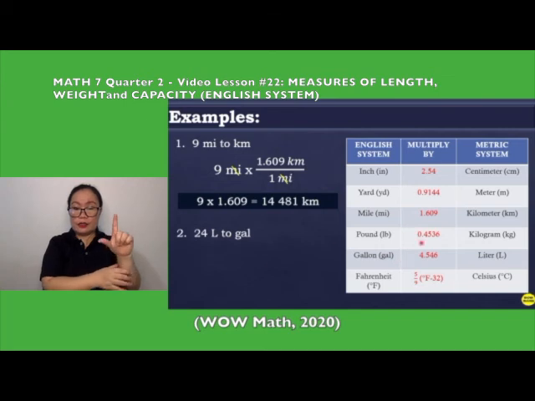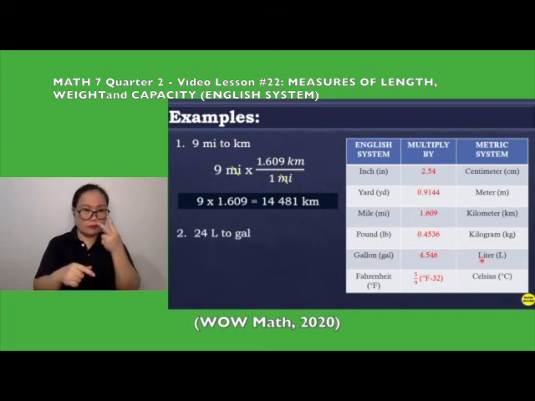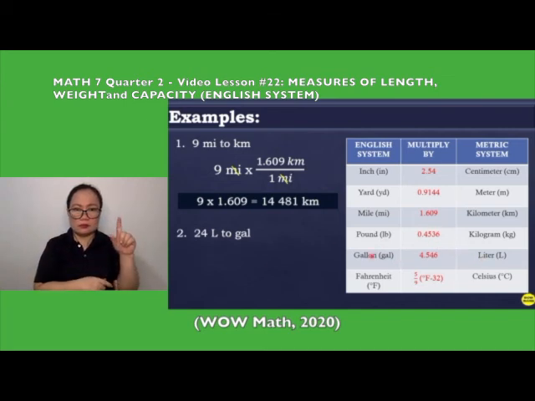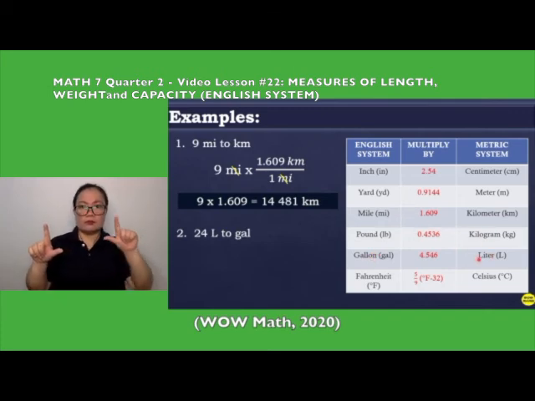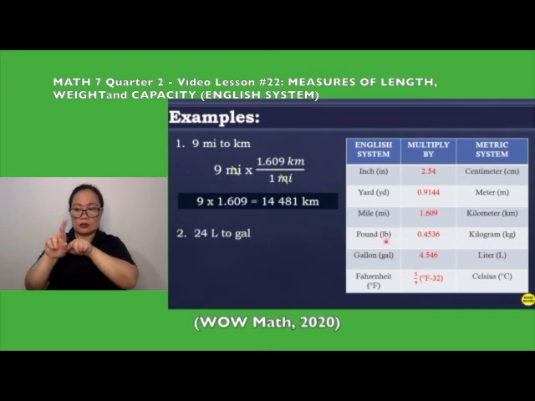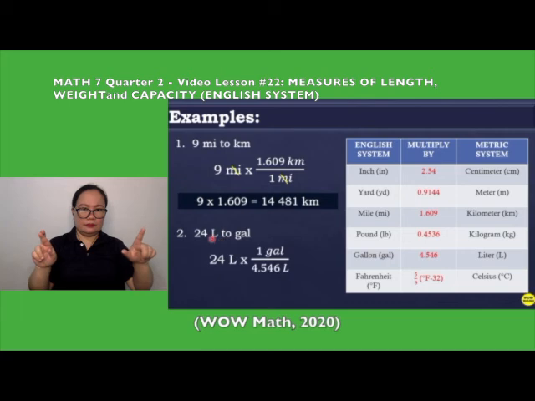Okay, next. I have 24 liters to gallon. So, ito naman, from right to left. Magko-convert tayo from liters to gallon. So, ibig sabihin, we're going to divide. Okay? So, since from right to left tayo, again, copy your given first. So, 24 liters. So, since liters ito, yun din po dapat ang unit mo sa denominator.